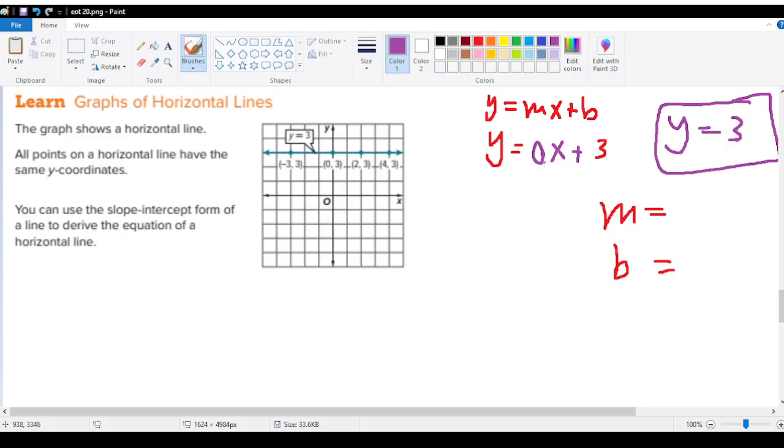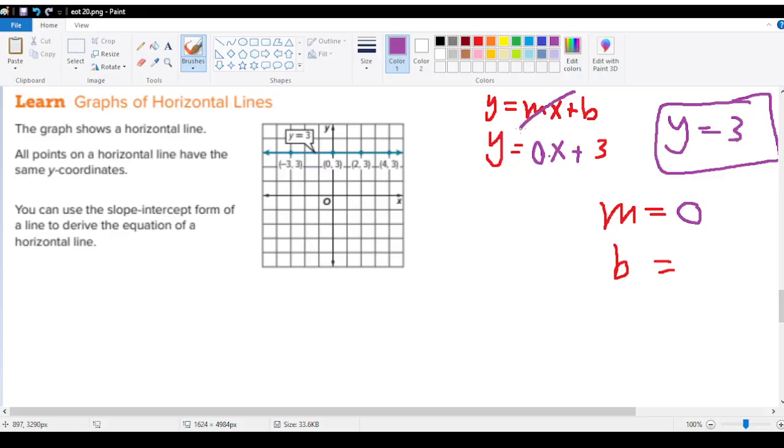And the only thing which makes the x disappear is what? Disappear means go away. What makes the x disappear? Yeah, 0. Because we know that 0 multiplied by anything will give what? 0.